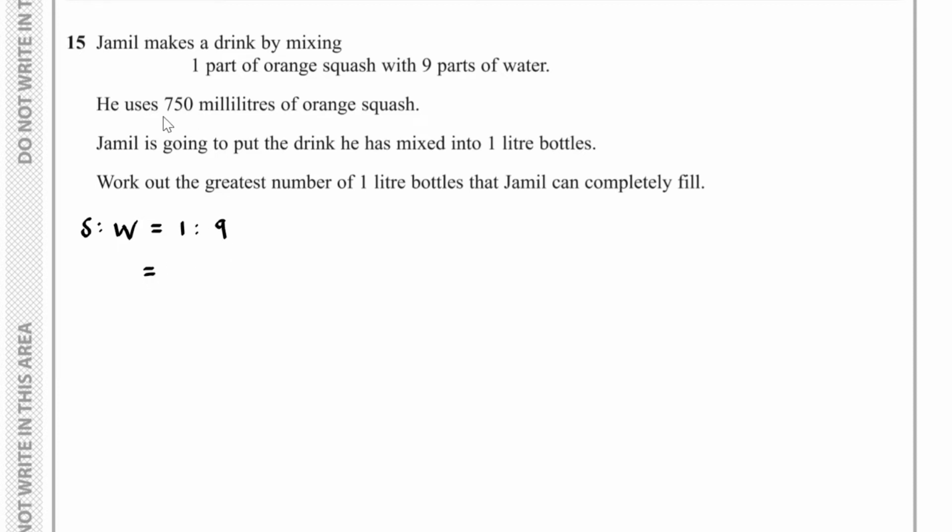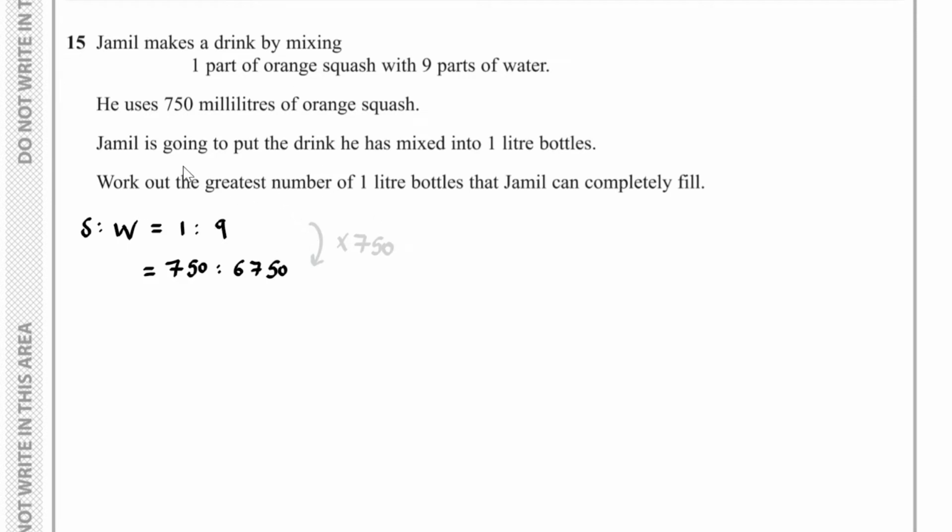We were told in the question he uses 750 milliliters of orange squash, and therefore the number of milliliters of water he uses, 9 times by 750, that's 6750. So just to confirm what I've done here, I've multiplied both sides by 750.